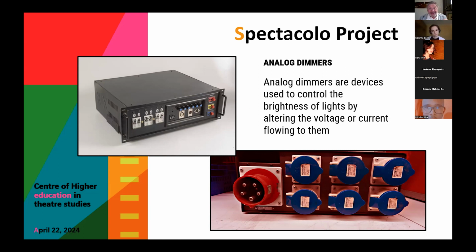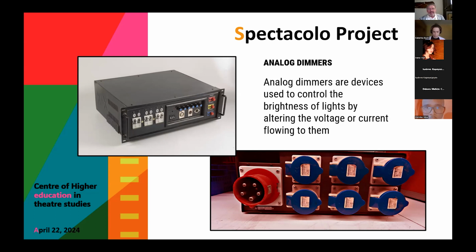Analog dimmers are devices used to control the brightness of light by altering the voltage or current flowing to them. They work on the principle of varying the amount of power delivered to a load. What do I mean by load? I mean a light bulb, for example, by adjusting the voltage or current supplied to it.